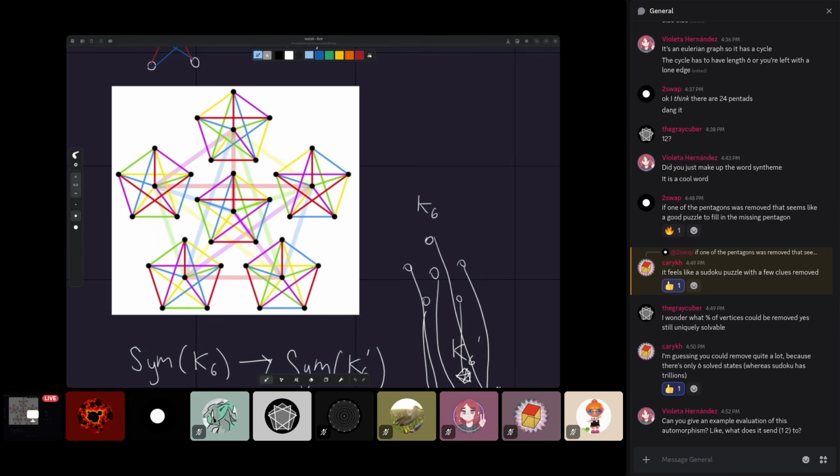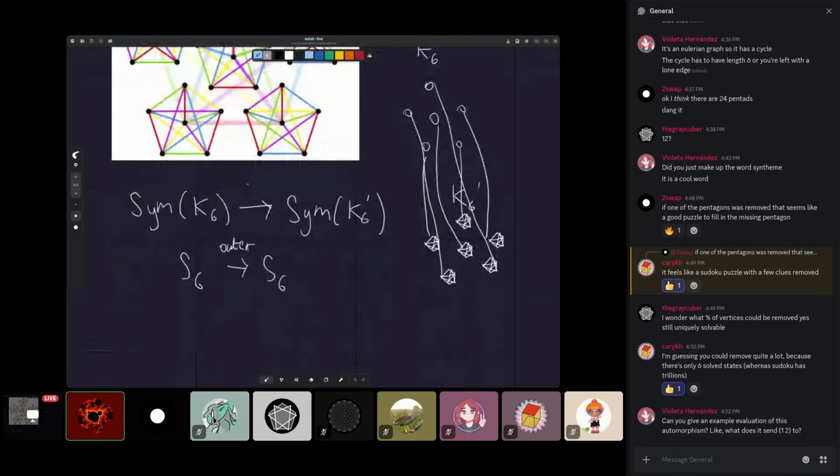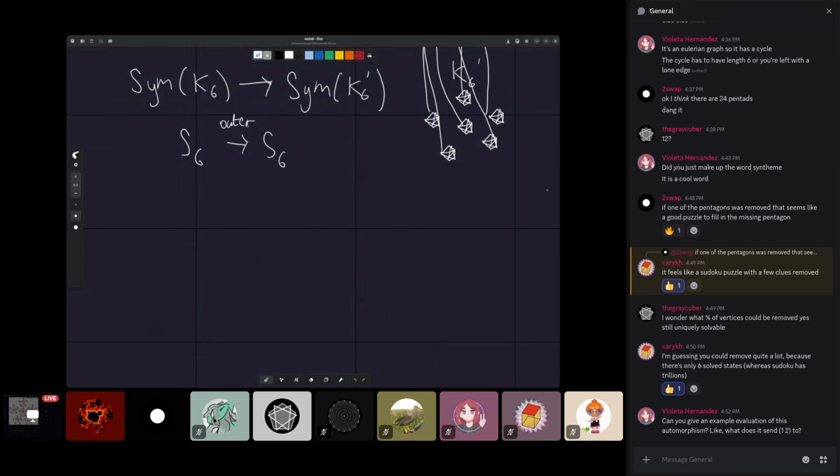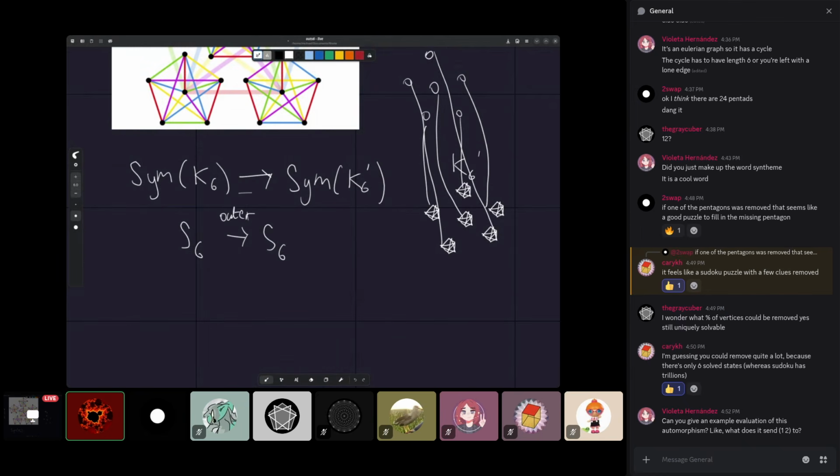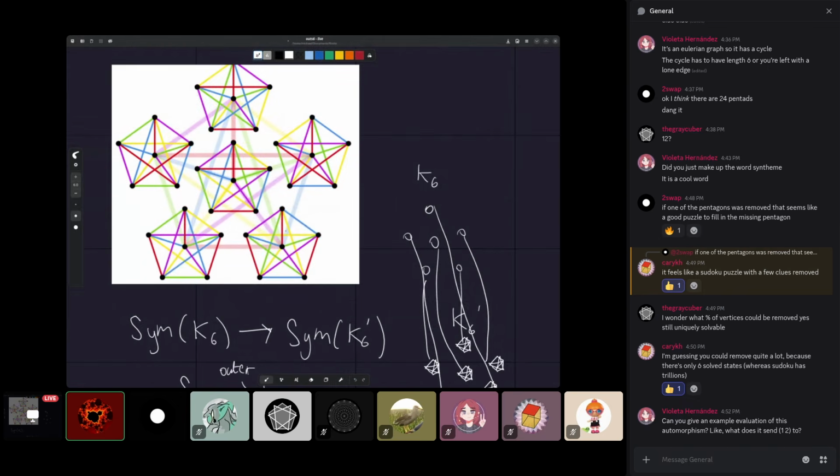Can I give an example of an evaluation of this automorphism? Yes, we can go on. We can look at how things act. Yes, let me do that. Let's try and show that it, well, I guess there's two things to show. We want to know, why is it an isomorphism? Because at the moment, we only know it's a homomorphism. You might not end up with all possible permutations of the pentads.